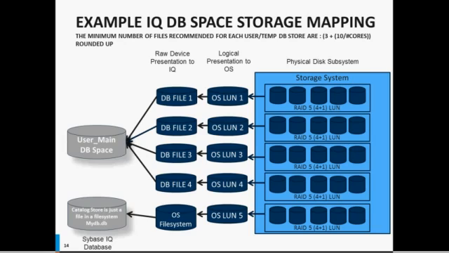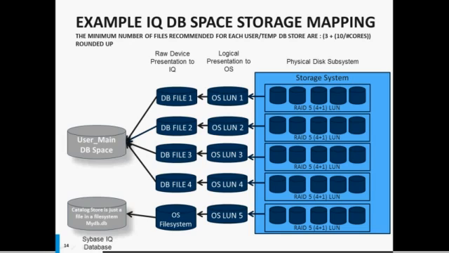Then here's the layout of the disks behind those DB spaces. In the sizing guide, we recommend a minimum number of files based on the number of cores. That's shown here by these DB files connected to your user DB space. We recommend a minimum of at least 4 files.